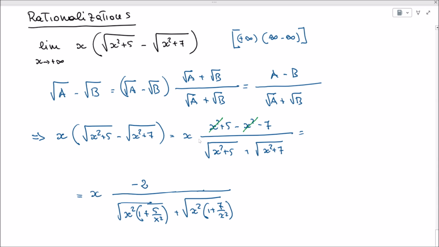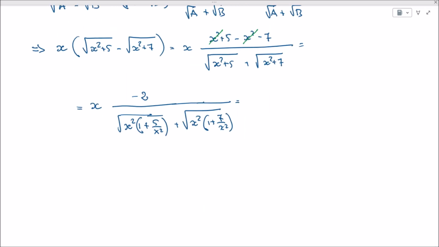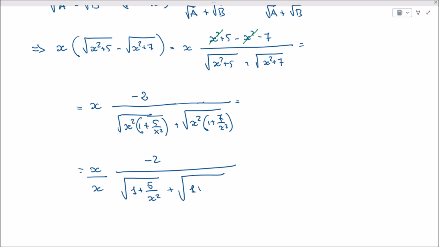And again, we recognize that we have x minus 2, and then x squared, of course, is something that we can factor out from each parenthesis, and we are just left with 1 plus 5 over x squared plus square root of 1 plus 7 over x squared.